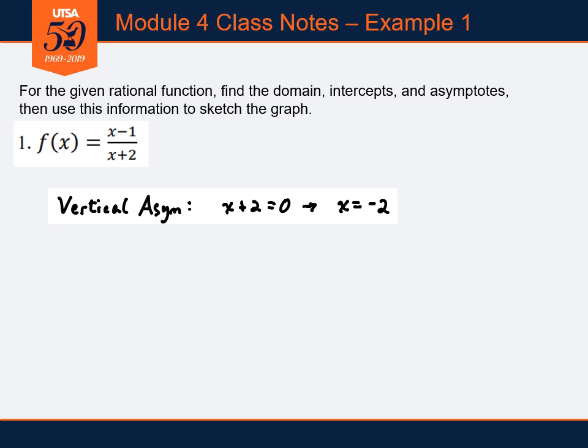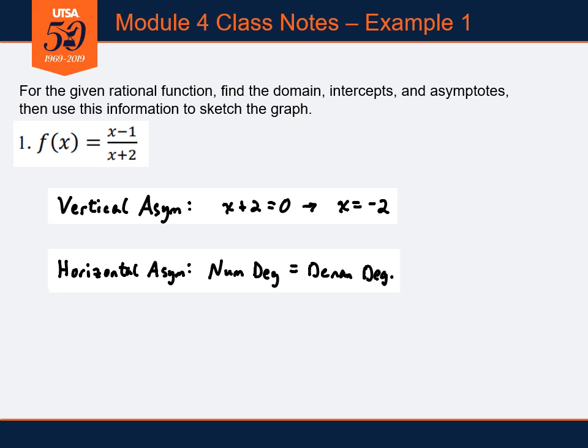And the horizontal asymptote, make sure that you look in your text, look at your pre-class work from your textbook reading, and note that you've got some rules for horizontal asymptotes that depend on the degree of the numerator versus the degree of the denominator. In this case, both degrees are 1, so we have the numerator degree equal to the degree of the denominator.